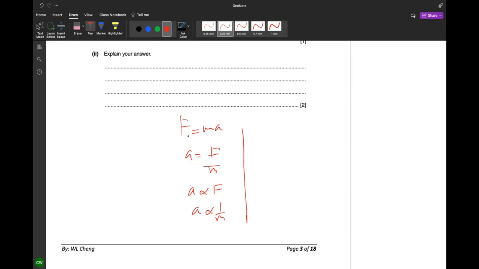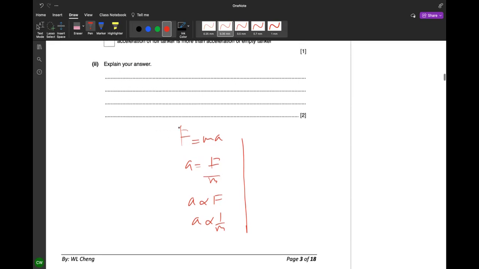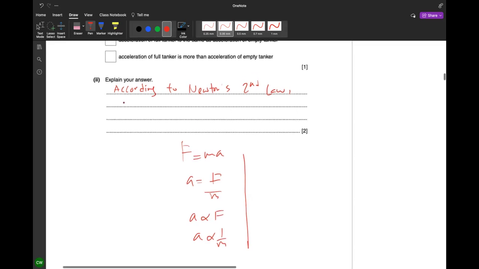So first you have to say according to Newton's second law. According to Newton's second law, the smaller the mass, the larger the acceleration.